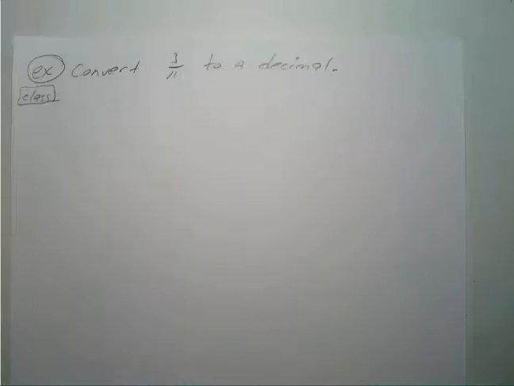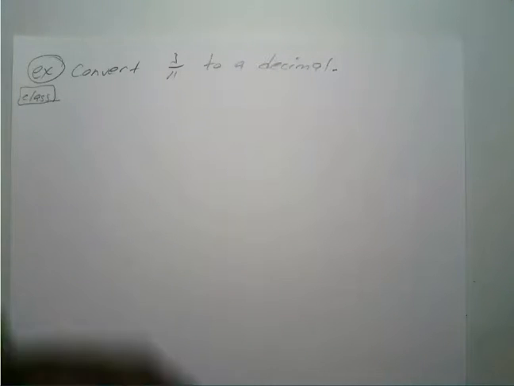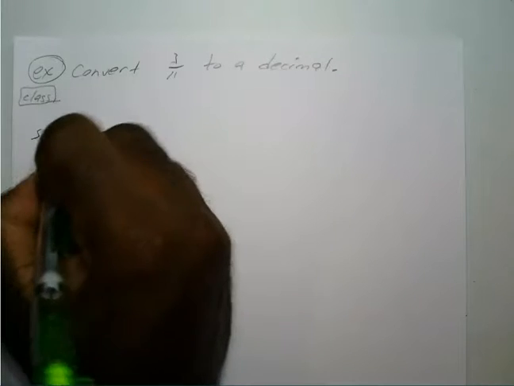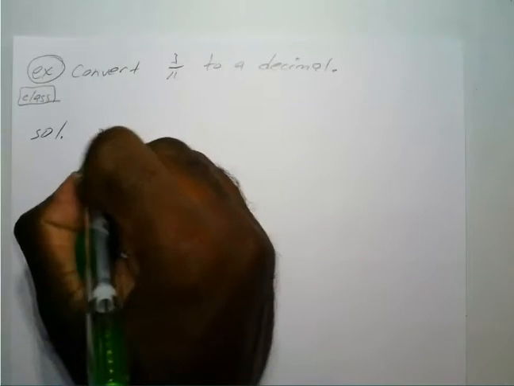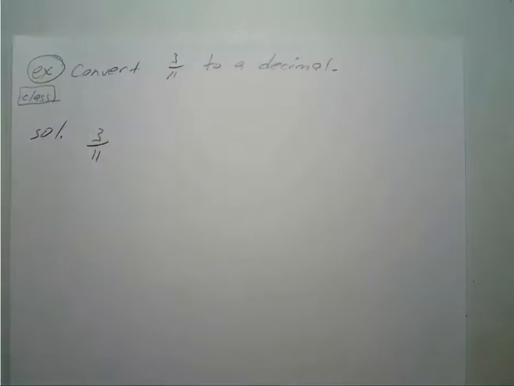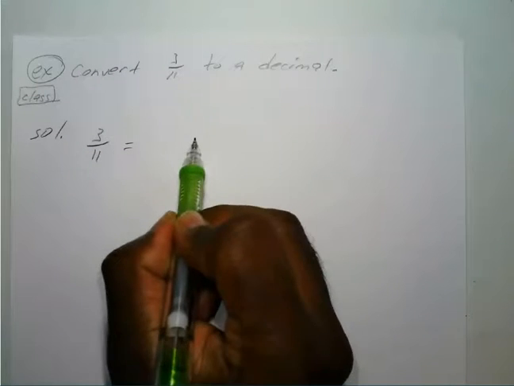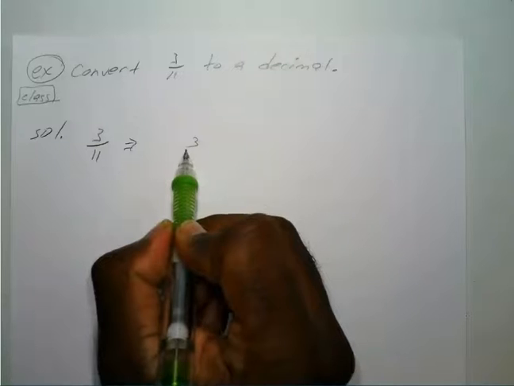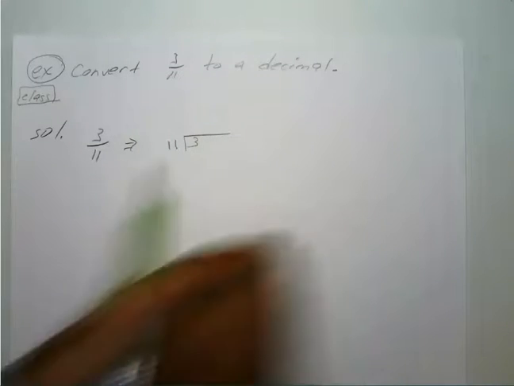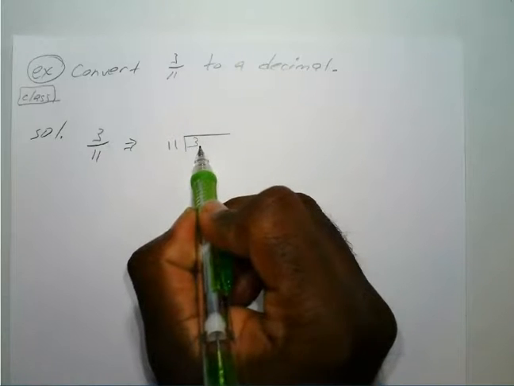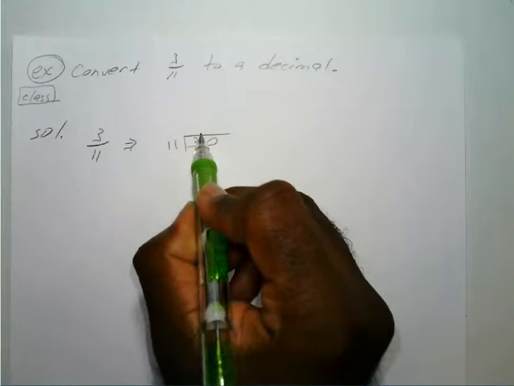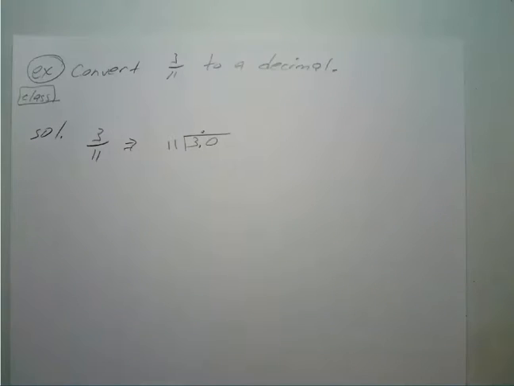All right, so I'm assuming you pressed pause, and I'm going to go ahead and verify your answer. So 3 divided by 11, we're going to rewrite that as 3 divided by 11. So that 3, we're going to make that 3.0 and move our decimal right up.